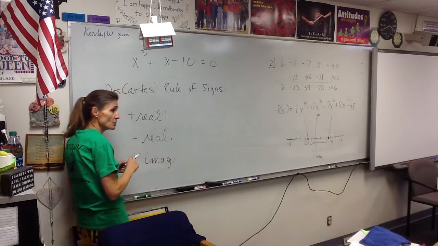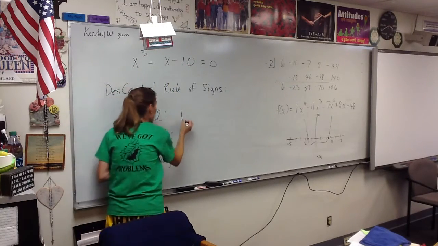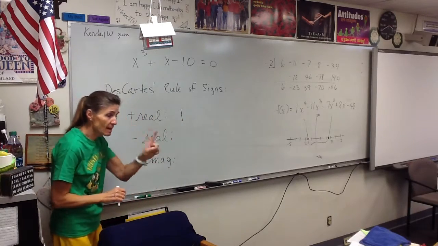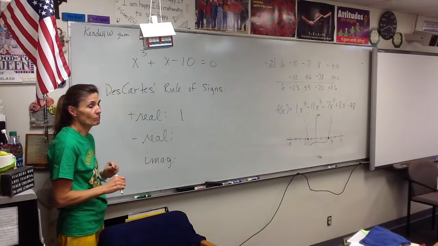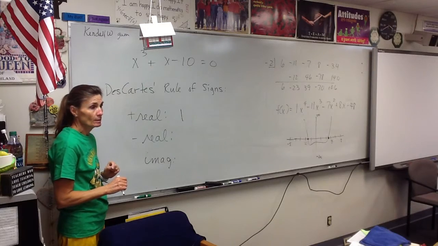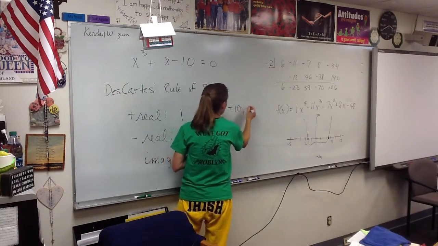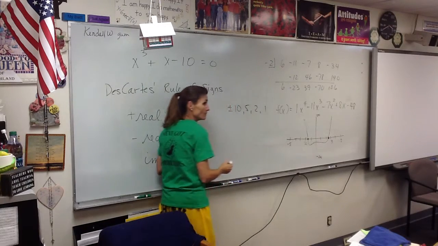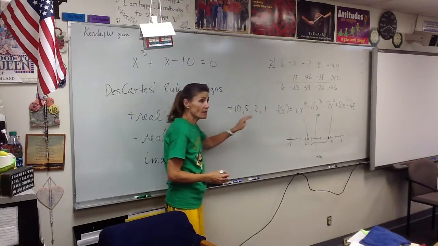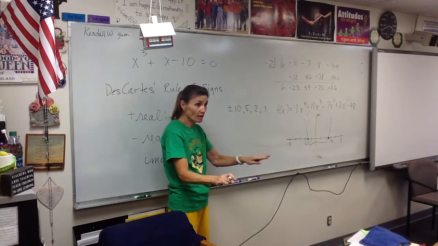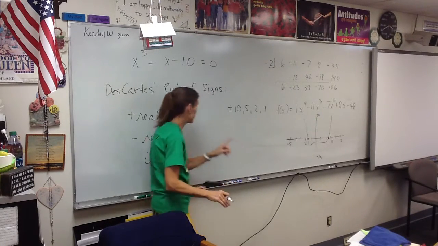So how many times did it change? Once. That means there is exactly one positive real root. Remember, in your options for this problem, we had 10, 5, 2, and 1. As soon as we find one positive root, we're done looking for positives, because there is only one.